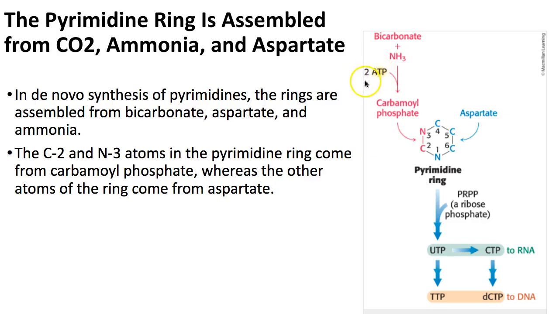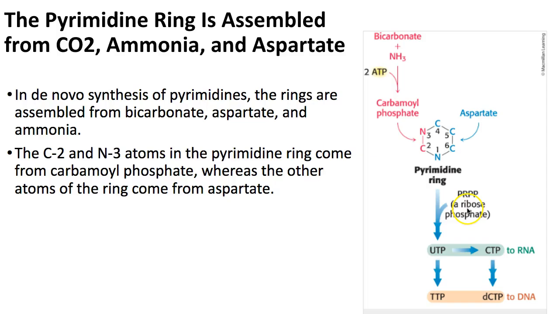Note that there are two ATP used to make carbamoyl phosphate, which will react with the aspartate, your amino acid, to form that pyrimidine ring. Carbon 2 and the N3 atom come from that carbamoyl phosphate. That's why it's highlighted in red. And the rest of the carbons and nitrogen actually come from the amino acid aspartate.